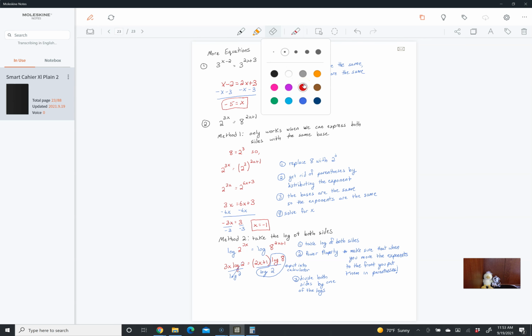So you're going to get 3x is equal to 2x plus 1 times 3, or 3x is equal to 6x plus 3. And at this point, I'm not even going to go through the solving because we've done this. We did this up at the top. And we got that x is equal to -1.